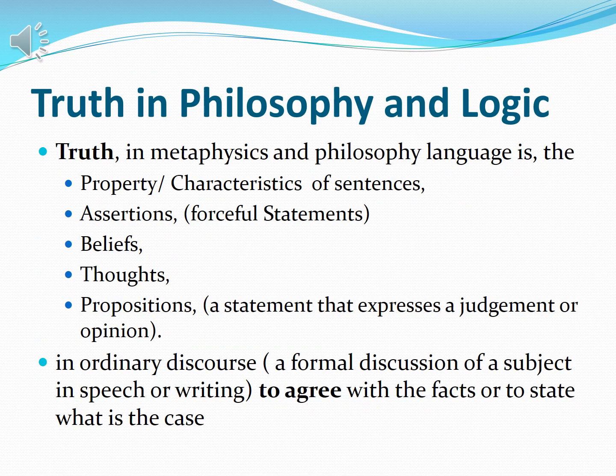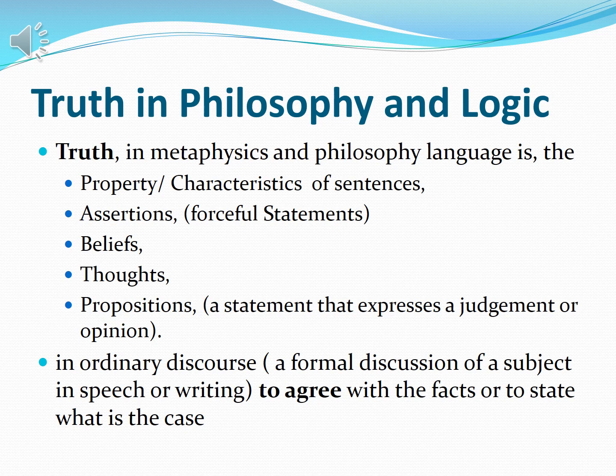So let's explain the definition of truth which we have read in the previous slides. As we have said, truth in metaphysics and philosophy of language is the property or characteristic of the sentence, what we are saying in that sentence. Assertion, a forceful statement, the statement that we are giving. Beliefs, what we believe.